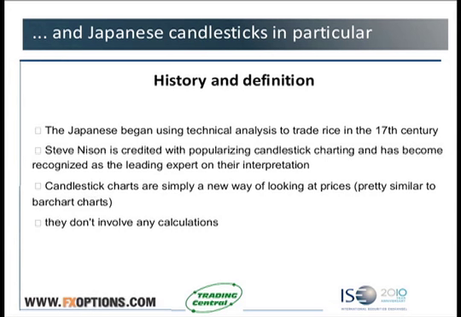They are pretty similar to bar charts, because with a bar chart we have the open, the close, the high and the low of the day, but we don't have a body, as we will see just after. That's why I say that Japanese candlesticks are pretty similar to bar charts. And Japanese candlesticks don't involve any calculations.